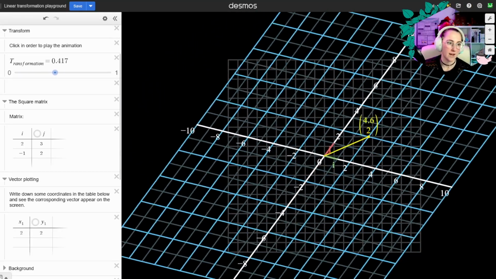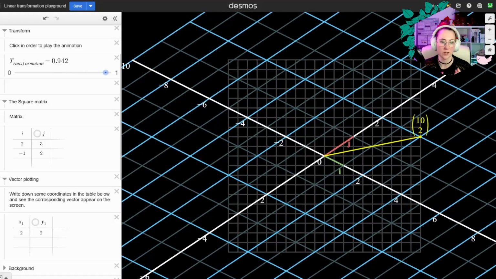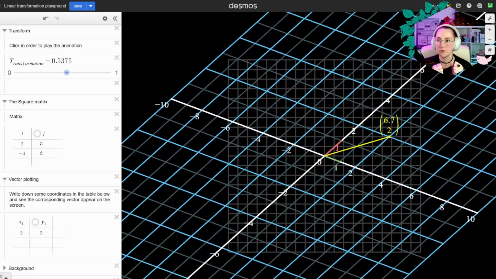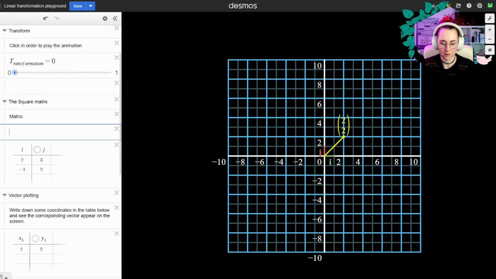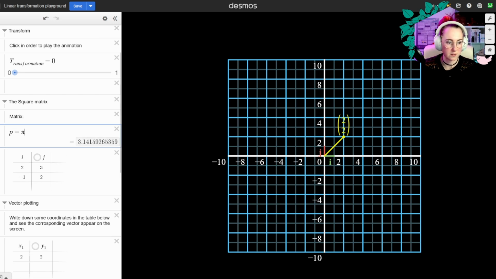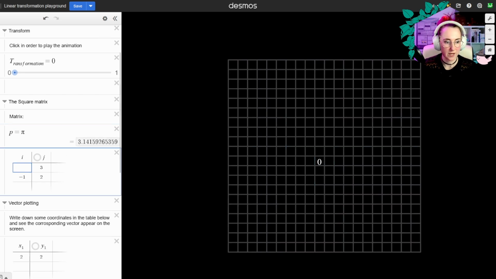And what about if we didn't want to scale it up? What if we didn't want to stretch it, we just wanted to rotate? Well, we have to do something a little bit complicated. So p equals pi for a second. And this is where using sine functions come in handy.